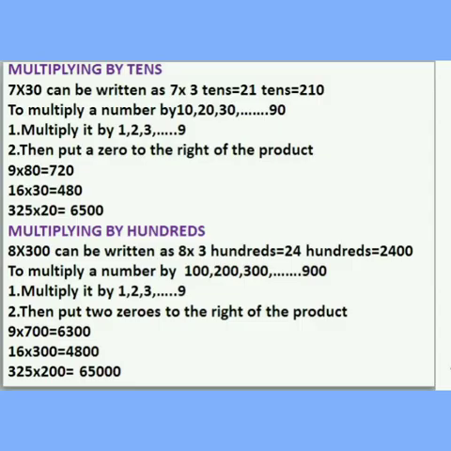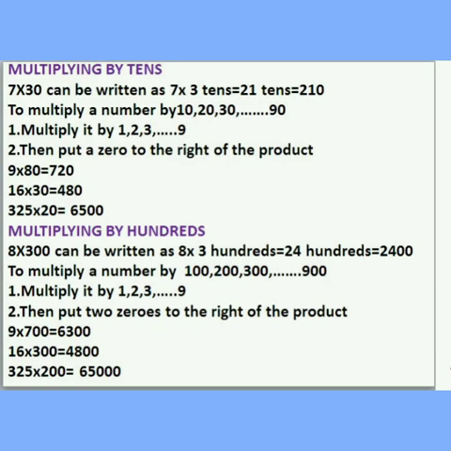Next, multiplying by tens. 7 into 30 can be written as 7 into 3 tens, which is equal to 21 tens, which is equal to 210. So, to multiply a number by 10, 20, 30 up to 90, first you have to multiply the number by 1, 2, 3 up to 9.